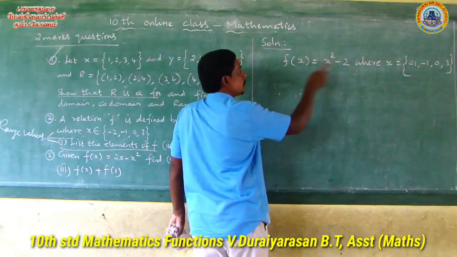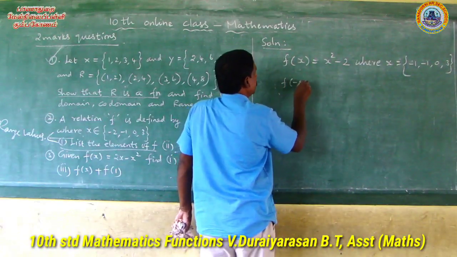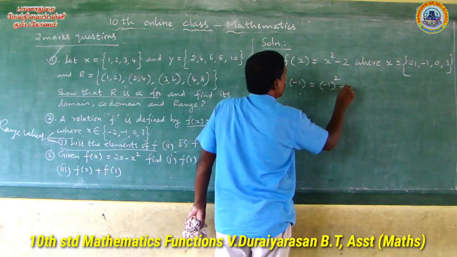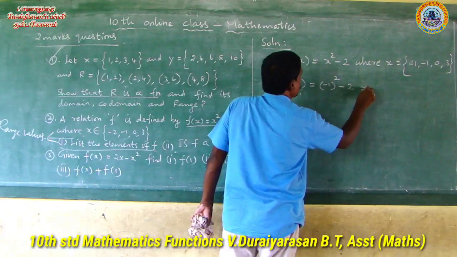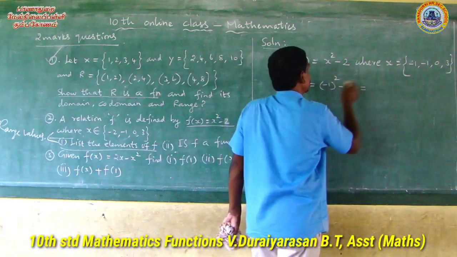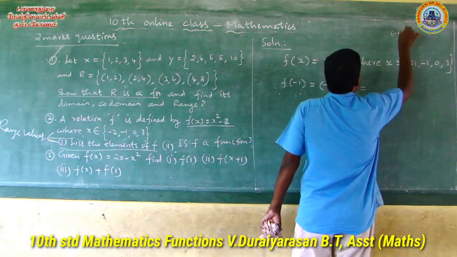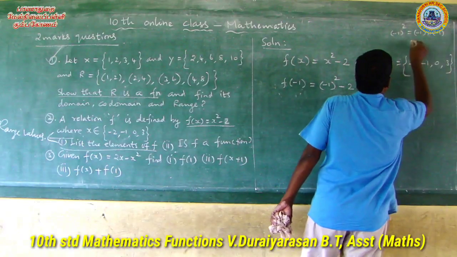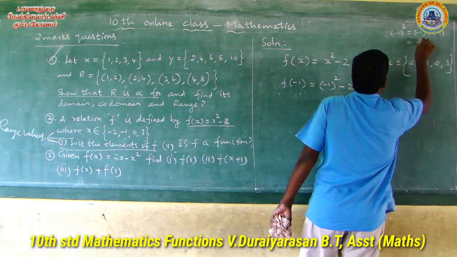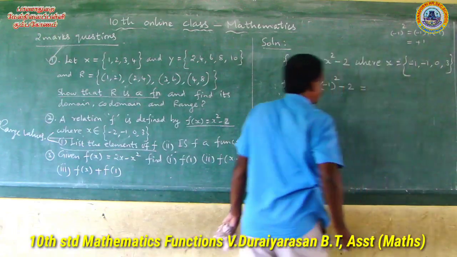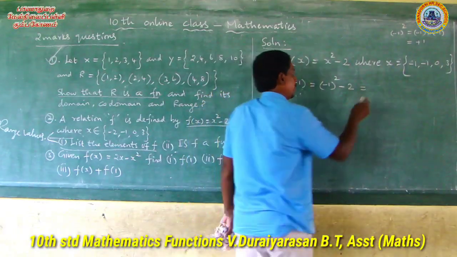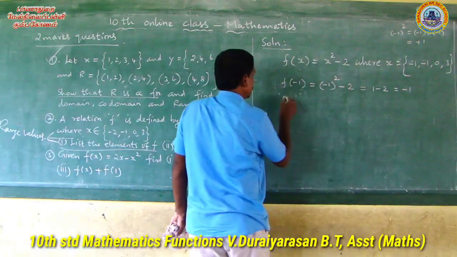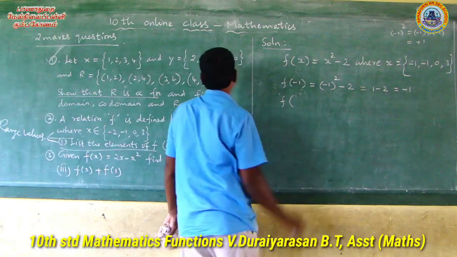Substitute x is equal to -1. f of -1 is equal to (-1) whole square minus 2. (-1) whole square means -1 into -1, minus into minus is plus, 1 into 1 is 1. So (-1) whole square means 1. 1 minus 2 is equal to -1.